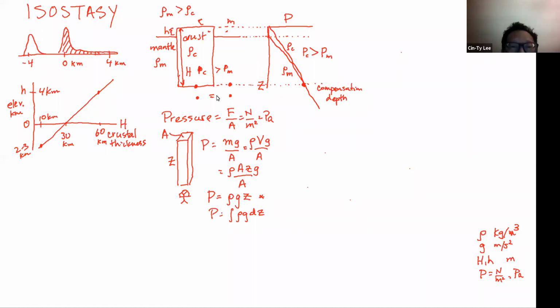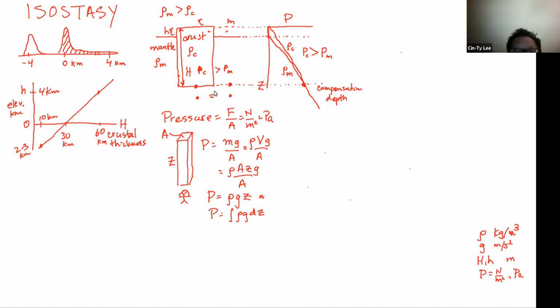So that's a very profound result. If the pressures are equal at the same depth, at the compensation depth or deeper than that, that means there are no lateral pressure gradients, and so there can be no mantle flow.